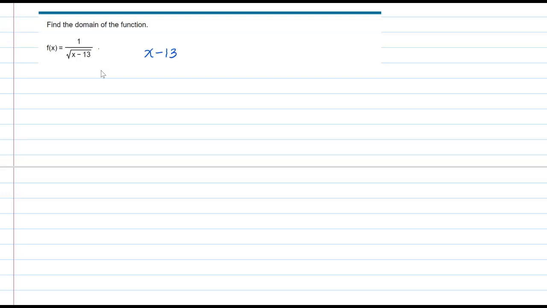But since the square root is in the denominator of a fraction, it cannot be equal to 0. So it should be strictly greater than 0.